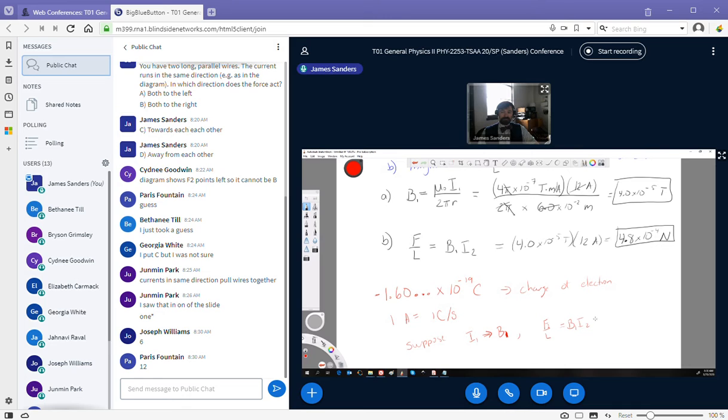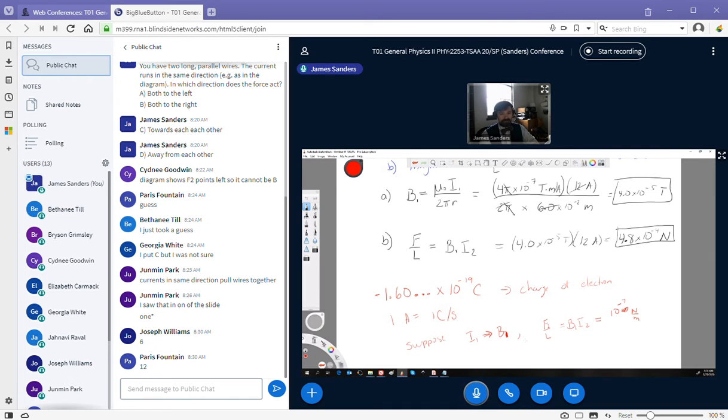But suppose that we choose a force of 10 to the minus 7 newtons per meter. That's a really small number, but it's a nice round number. How much current would we need in the 2 wires, assuming they have the same amount of current, in order to produce this force?